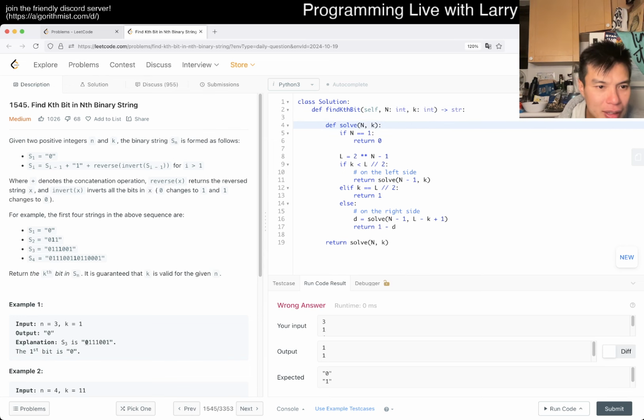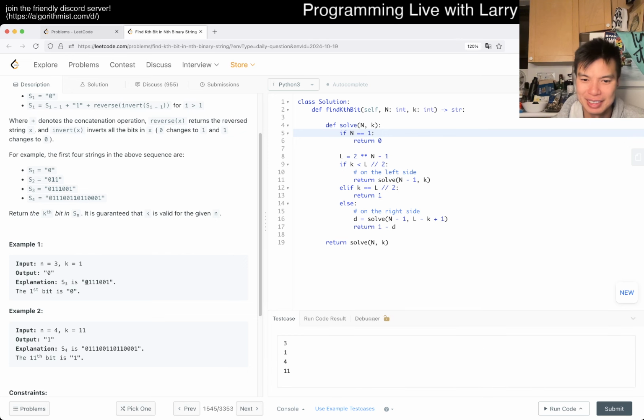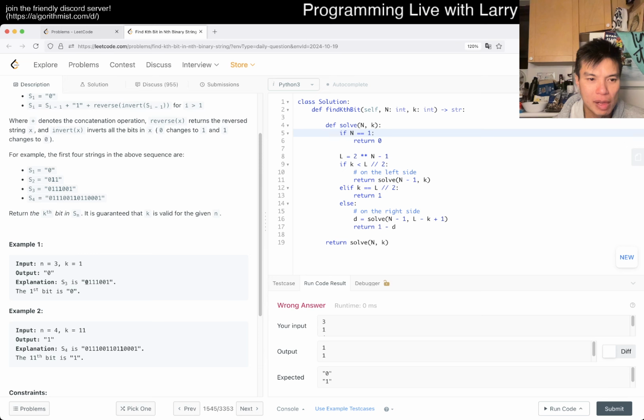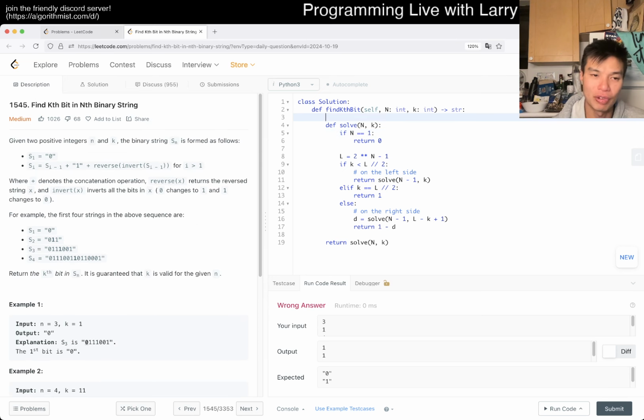Apparently I have some indexing issue. Is K, why would I return 1 on? Oh, this is 0th index, or first index.